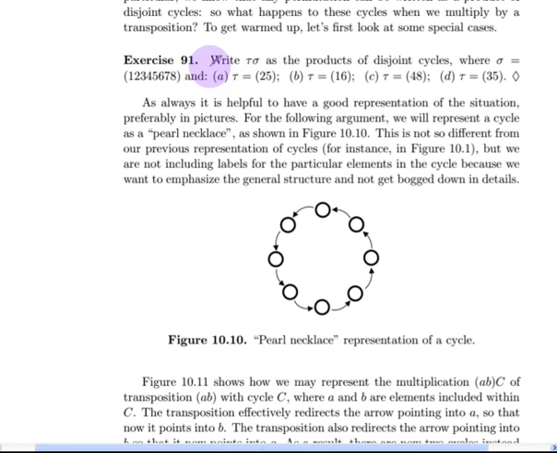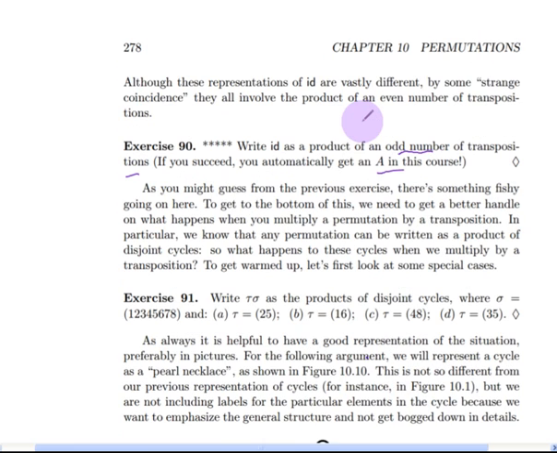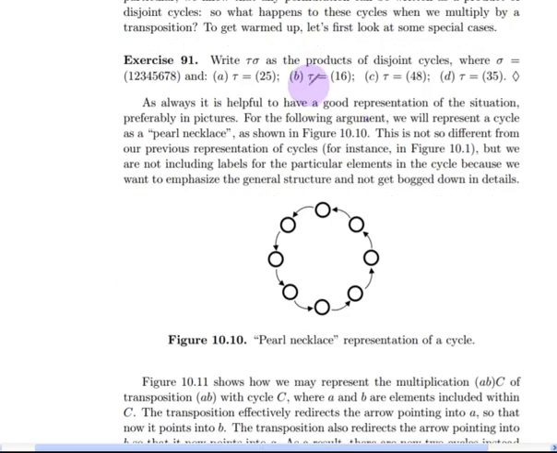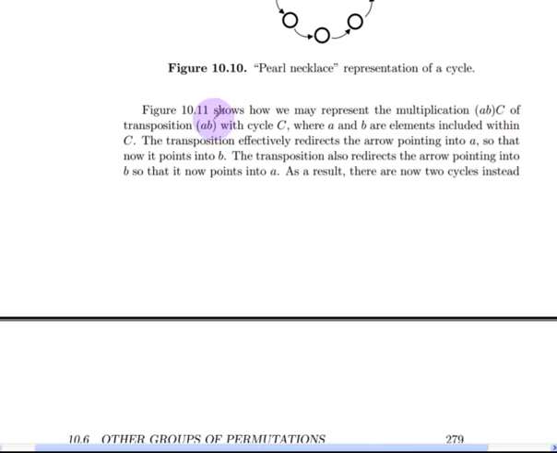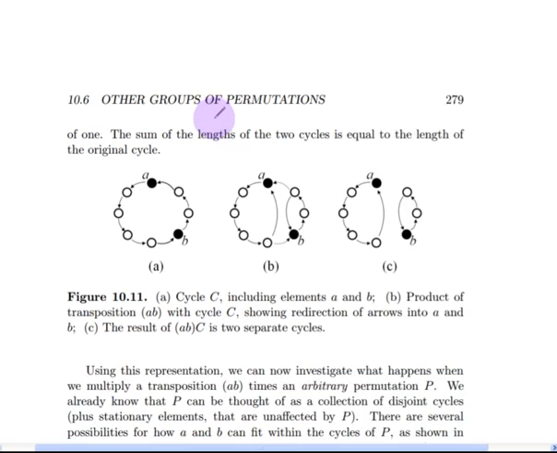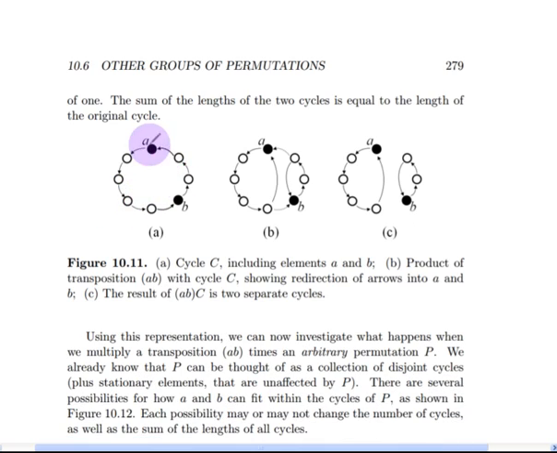Okay, so in order to see why this is, let's investigate what happens when we multiply a cycle with a transposition. And that's what we're going to do in this series of exercises. Consider this cycle.